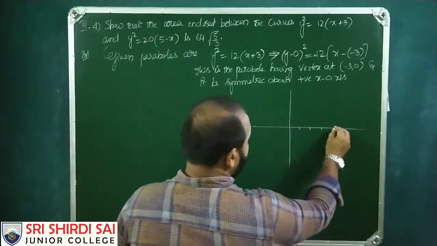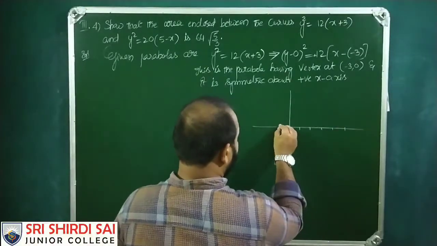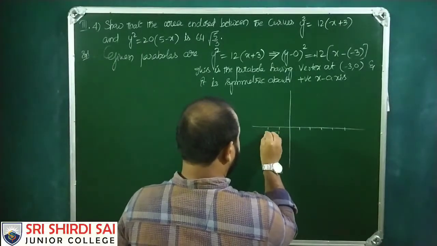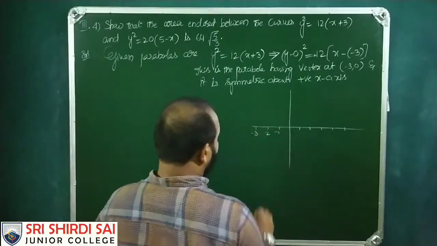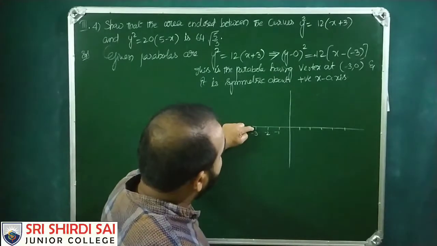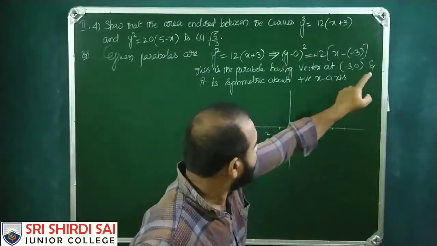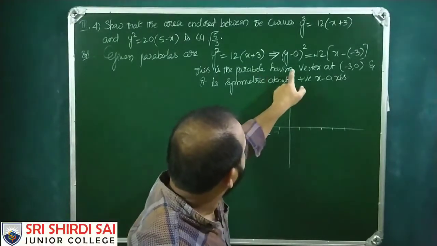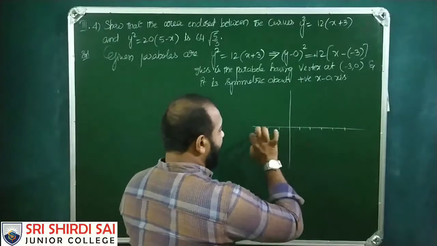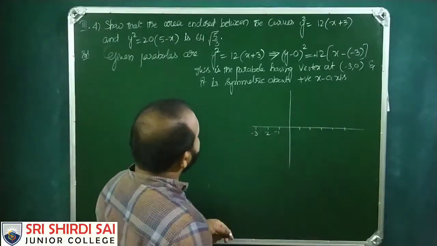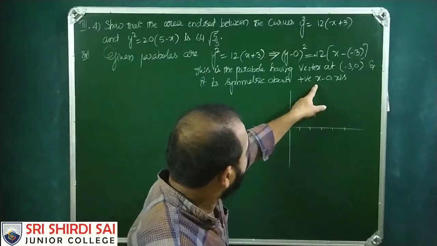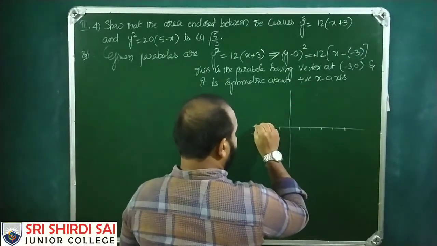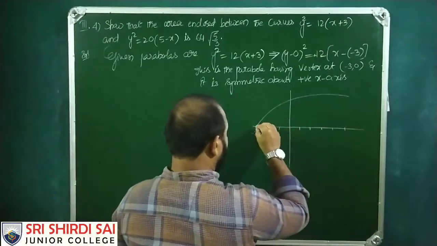And 4, 5, minus 1, minus 2, minus 3. So based on the vertex minus 3 comma 0, and it is symmetric about x axis. So x axis is acting like a mirror, and it is opening in positive x axis. Therefore, the rough diagram for which is this.